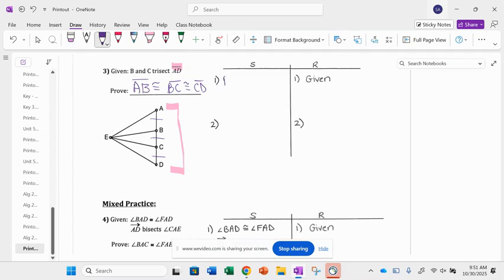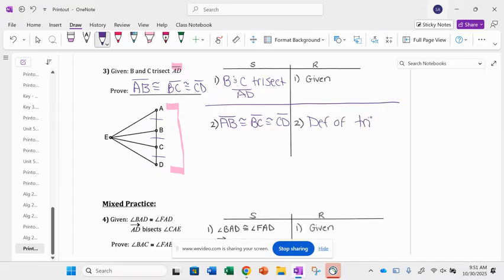So statement 1 is our given, and statement 2 is what we want to prove. All right, and what was the word that told us that these three parts were going to be congruent? Trisect. So we're going to say def of trisect.